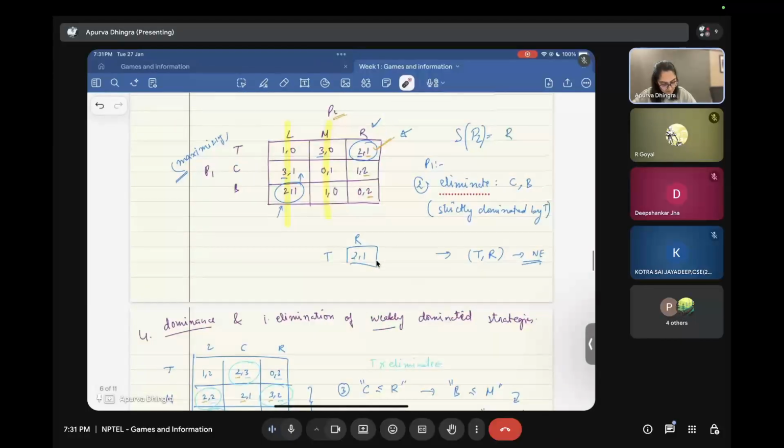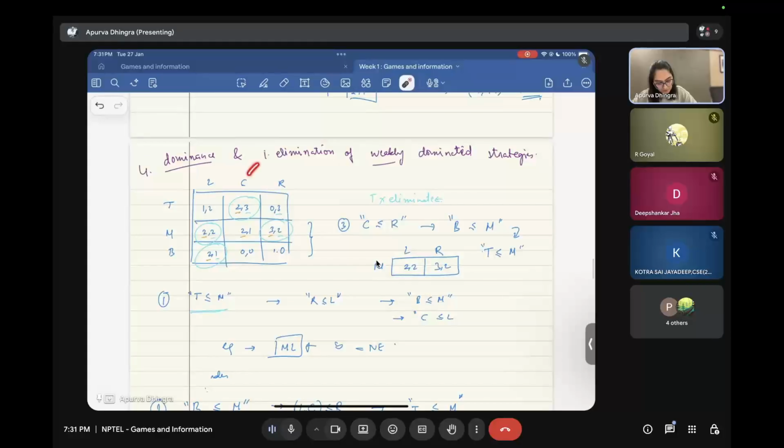But if it was this type of scenario, again comparing C and R, in this case player 2 can still play C. C is just as good as R if we are restricting ourselves to one particular action taken by the other player. If we somehow knew that the other agent is actually going to play T, then it doesn't matter, they are equivalent.